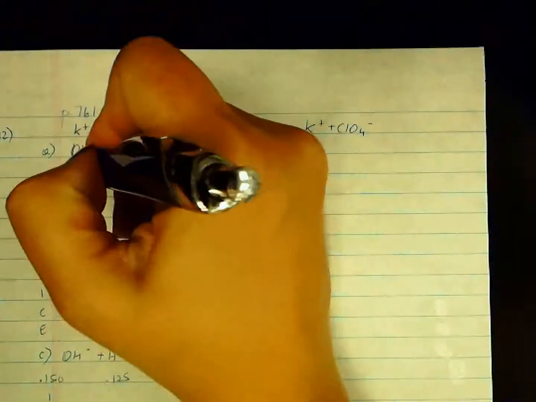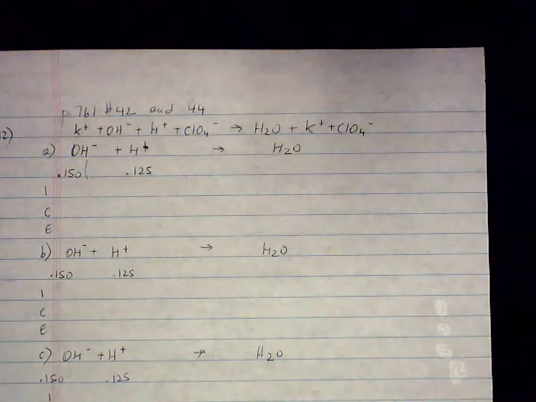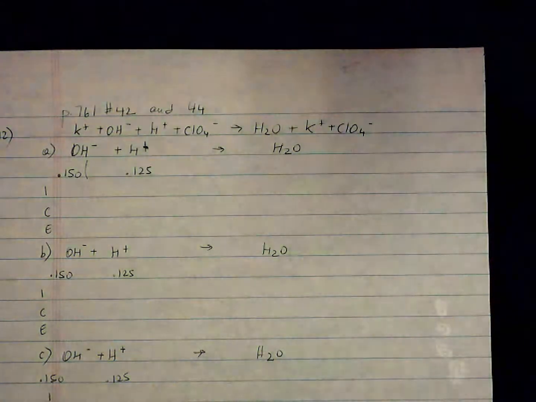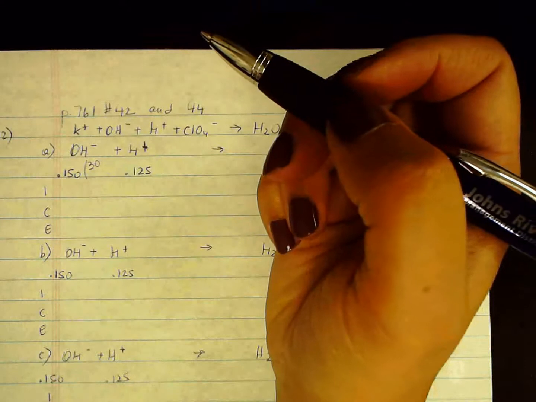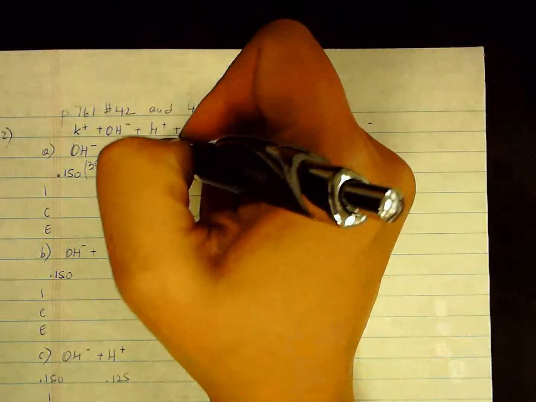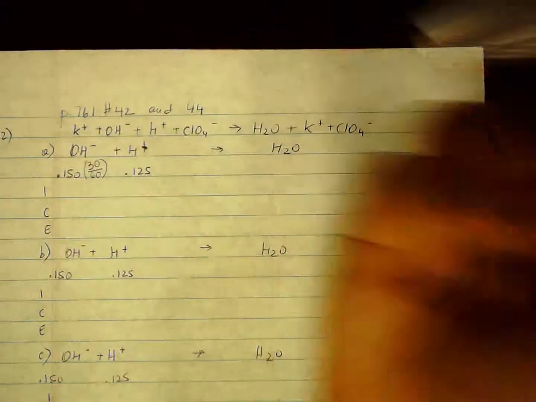So you're going to have to adjust these volumes, and you can use the C1V1 equals C2V2 formula, or I'm going to use a rearranged version of that in the context of this problem. If you look at the question itself, they told you that you used 30 milliliters of hydroxide, and then you added another 30 milliliters of hydrogen ion, so the total volume for that mixture is 60.